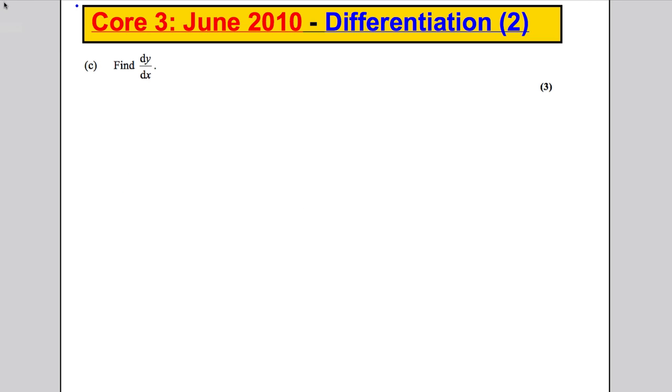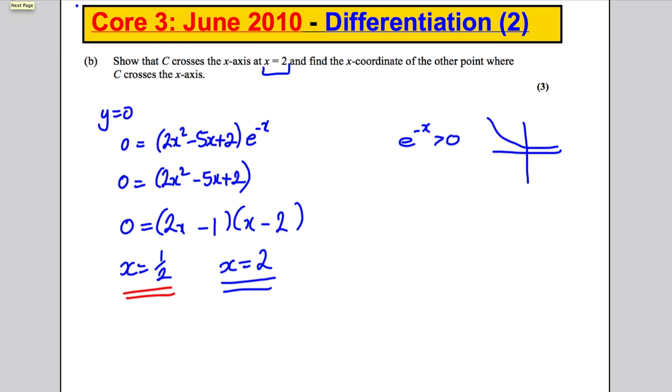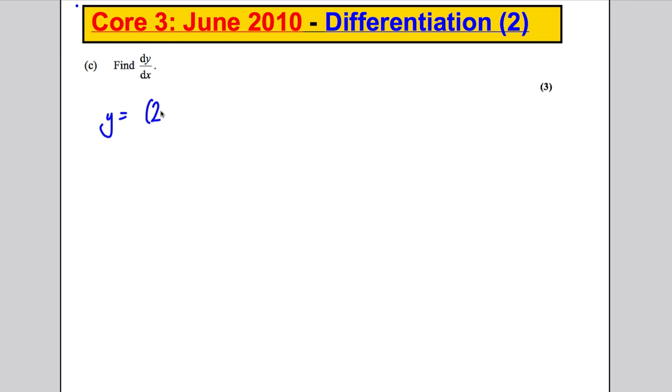Part C. Find dy by dx. Well, what was y again? y was equal to (2x squared subtract 5x plus 2), e to the negative x. This is a function u times another function v.